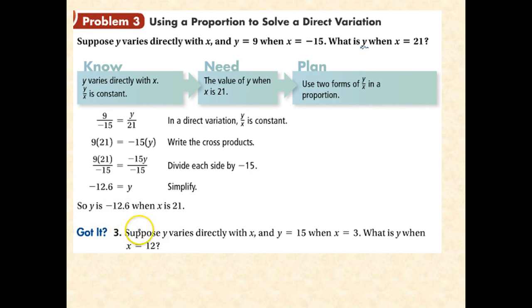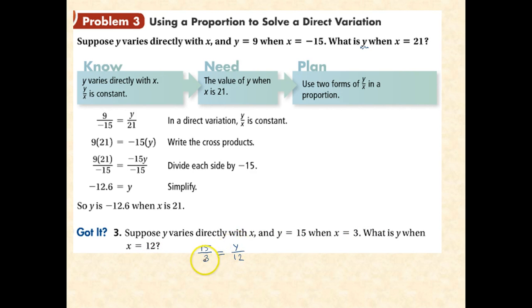Alright, pause, see if you can figure out this direct variation problem. Go ahead and push play when you're ready to see it done. Okay, we're going to use a proportion. Y over x, 15 over 3 equals y over this x, 12.